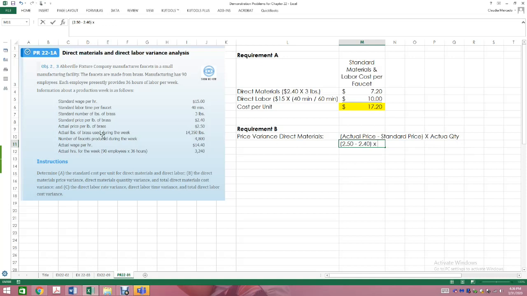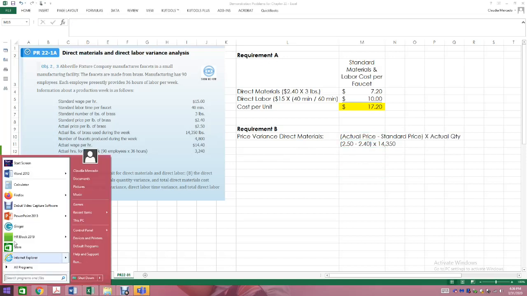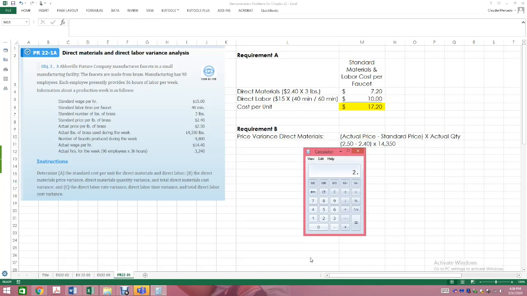The actual quantity of brass used was 14,350 pounds. Let me fix this, I forgot an L right there. Okay, let's get our calculators out. It's $2.50 minus $2.40 times 14,350. That's going to give me 1,435.